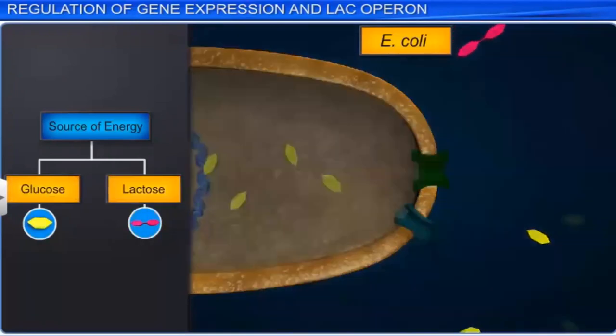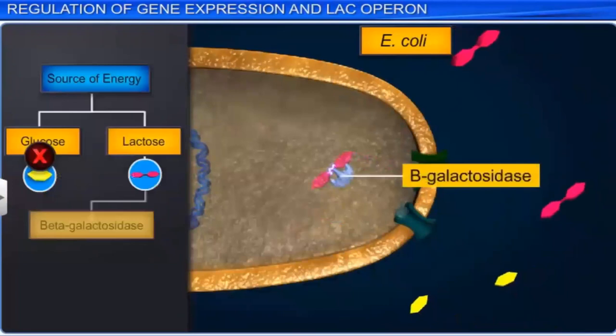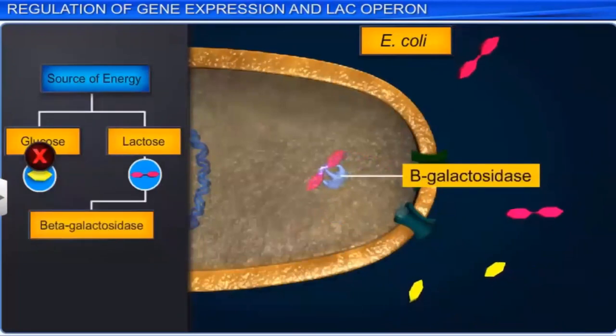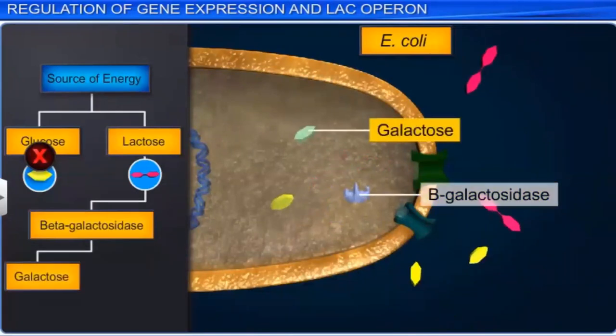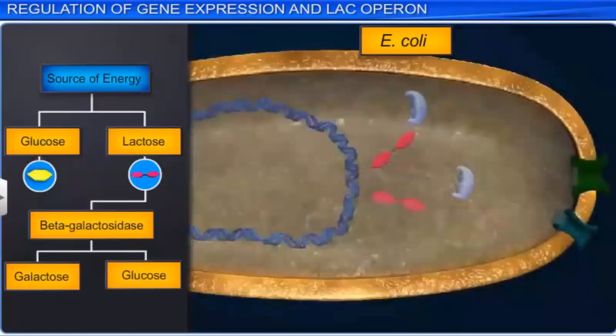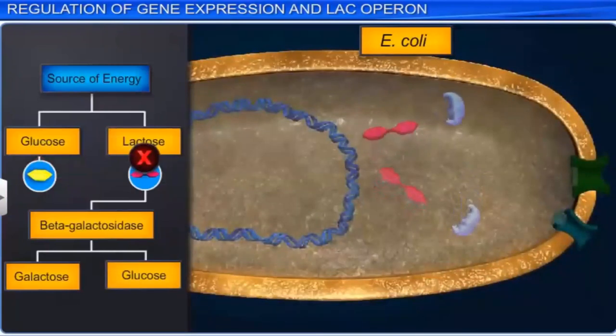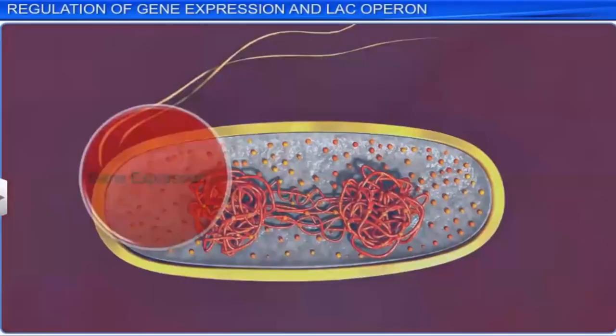But in the absence of glucose and presence of lactose, E. coli synthesizes an enzyme, beta-galactosidase, to catalyze the hydrolysis of lactose into galactose and glucose. However, in the absence of lactose, the bacteria will not synthesize the enzyme beta-galactosidase. This shows gene expression.